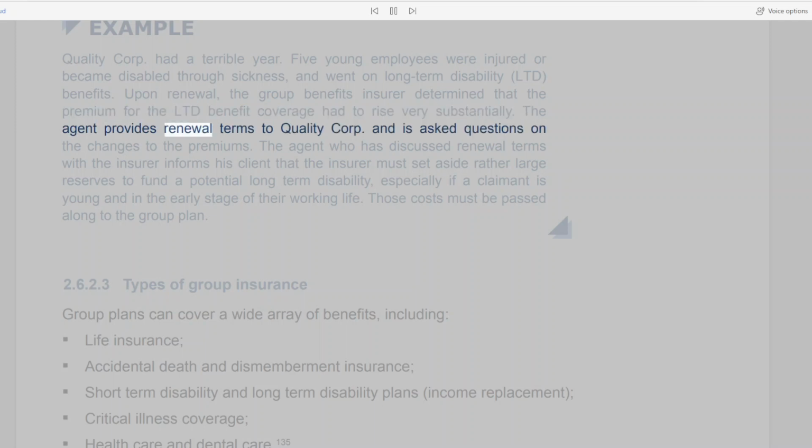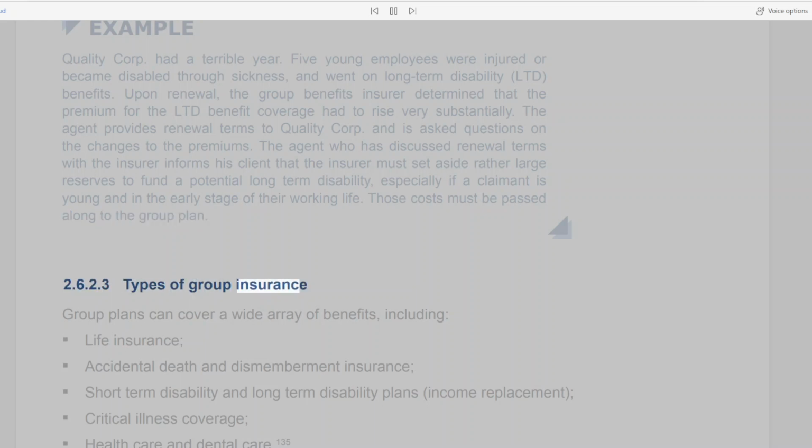The agent provides renewal terms to Quality Corporation, and is asked questions on the changes to the premiums. The agent who has discussed renewal terms with the insurer informs his client that the insurer must set aside rather large reserves to fund a potential long-term disability, especially if a claimant is young and in the early stage of their working life. Those costs must be passed along to the group plan.